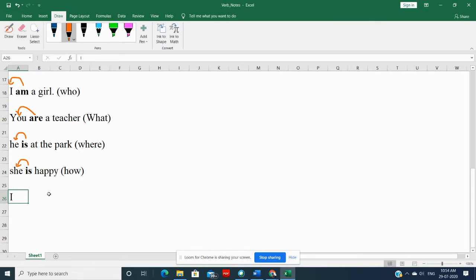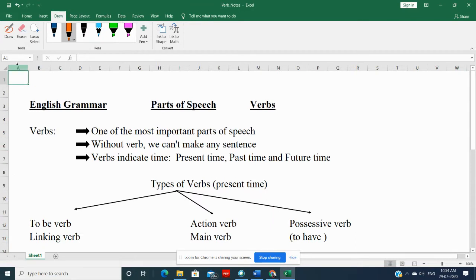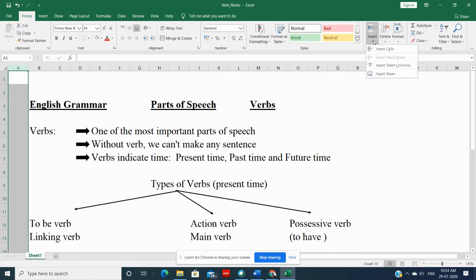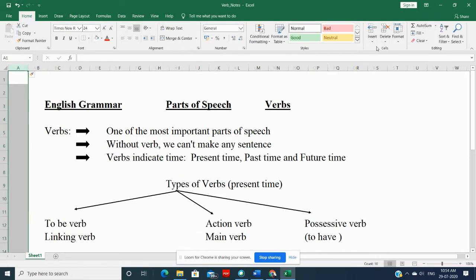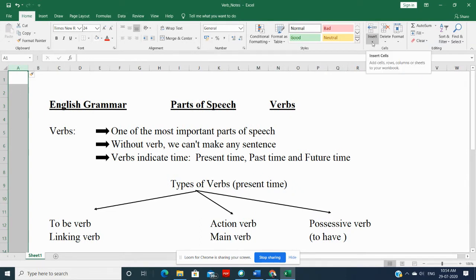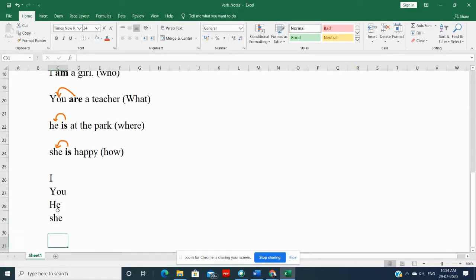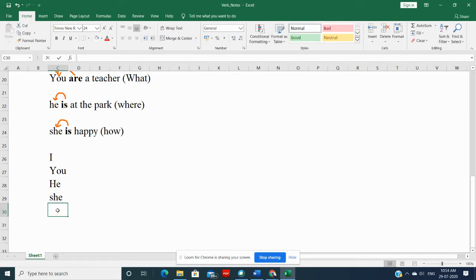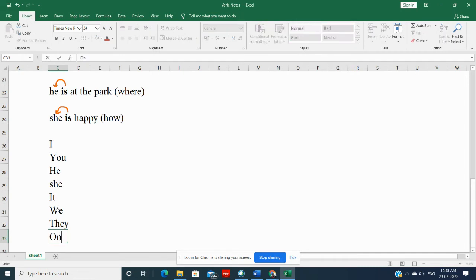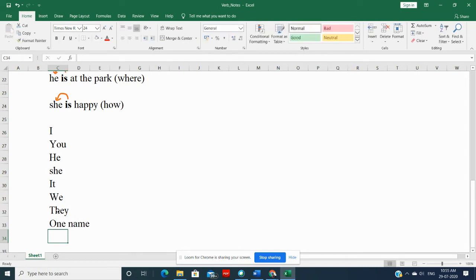For example, with I, see what kind of subjects we have: I, you, he, she, it, we, they, and there can be one name or more than one name.